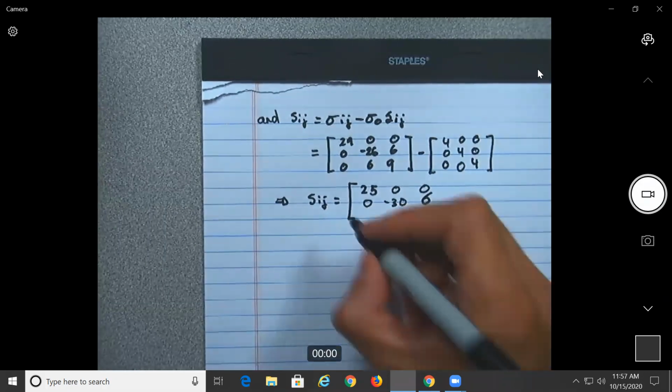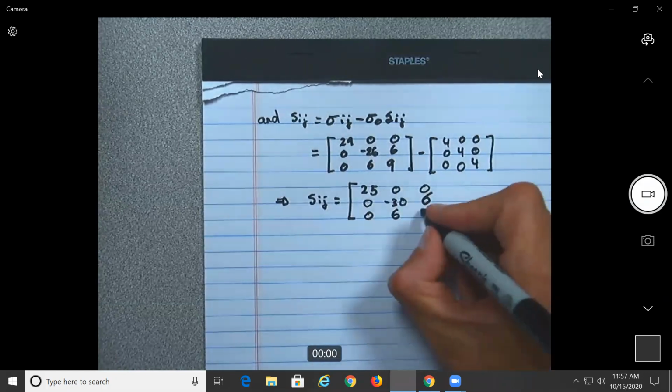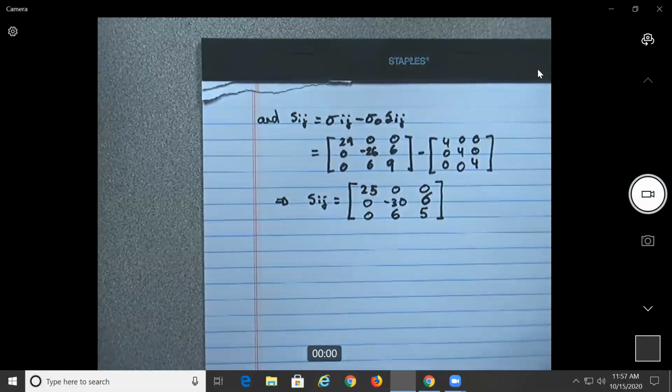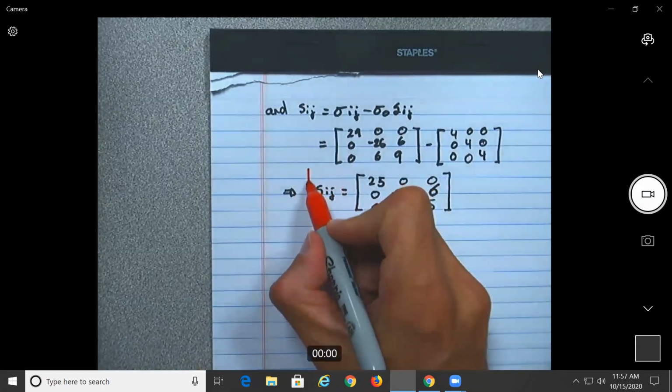Then we have 0 here, 6 here, and at the end 9 minus 4, 5. Okay, so now we need to solve the eigenvalue problem for this matrix over here.